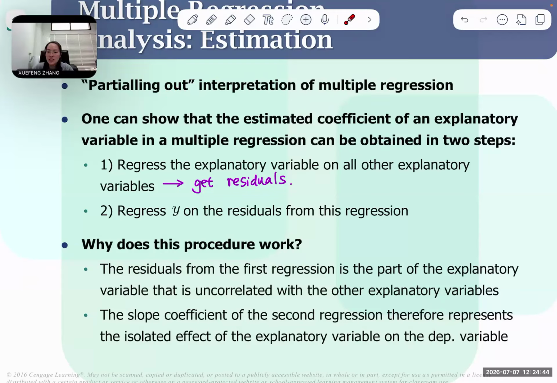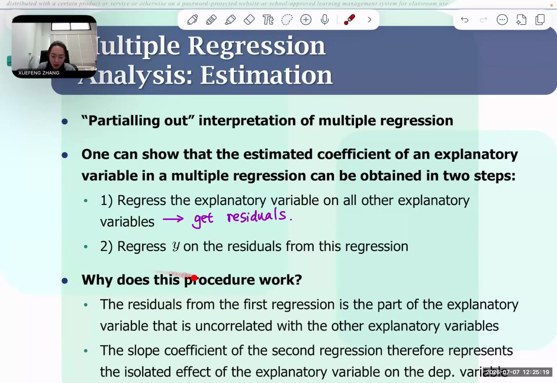You won't need to do this two-step by hand in practice because we have R programming, so this is how R computes beta 1 directly. But you need to understand this is what makes the holding-other-variables-fixed claim believable and not just a magic phrase. So we're going to have our lab.